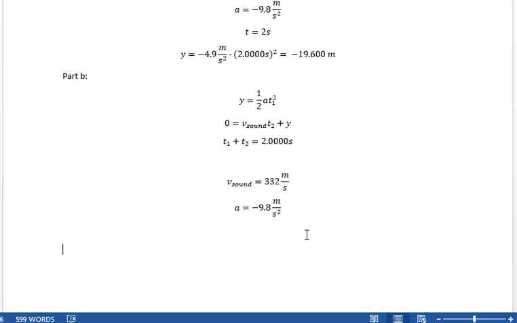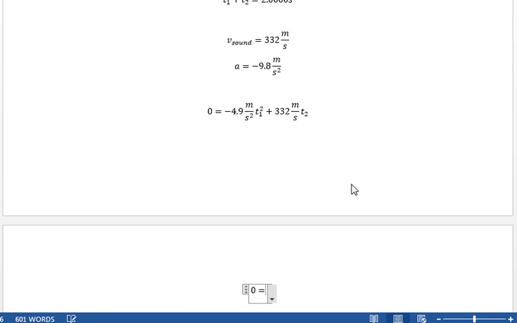With all of that, we can make a substitution for y, and we have 0 equals minus 4.9 meters per second squared T1 squared plus 332 meters per second T2. We know T2 is 2 seconds minus T1, so I'm going to stick that in: 0 is minus 4.9 T1 squared plus 332 meters per second times 2 seconds minus T1.